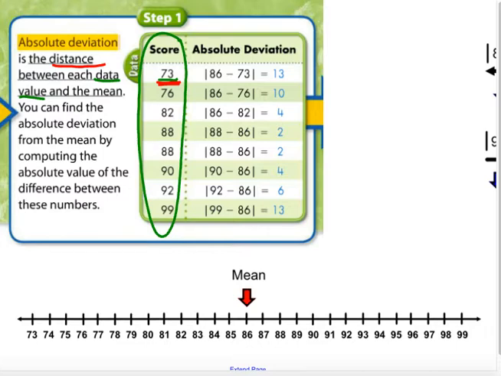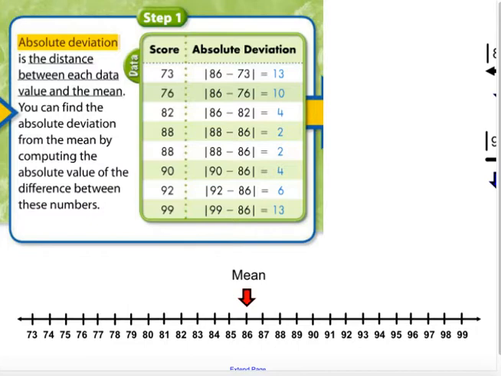In other words, you can find the absolute deviation from the mean by computing the absolute value of the difference between these numbers. So in other words, we can take her mean and we can take her scores and we can find an absolute value based on subtraction. So let's take a look at our first example.